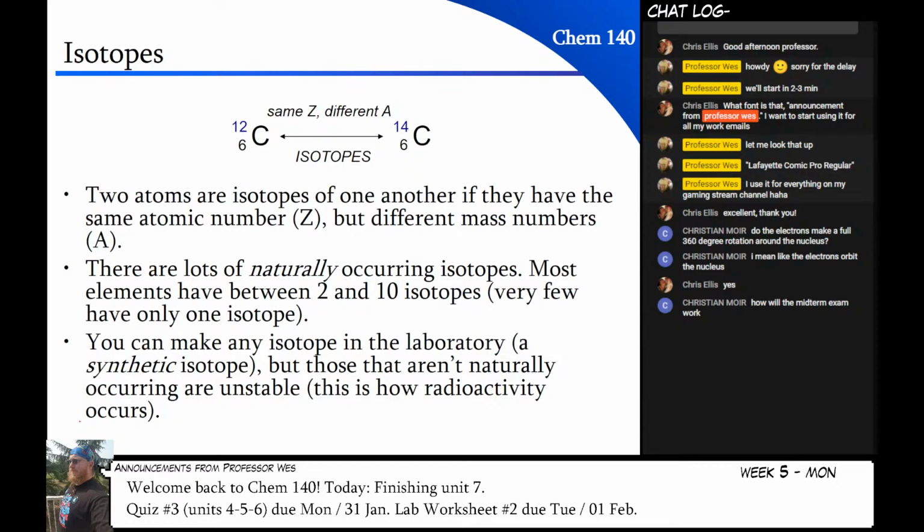But the short version is that many isotopes are naturally occurring, which means that if you were to dig around in the earth and mine up stuff, you would eventually find them. And the reason that you'd be able to find these isotopes is because they essentially last forever.